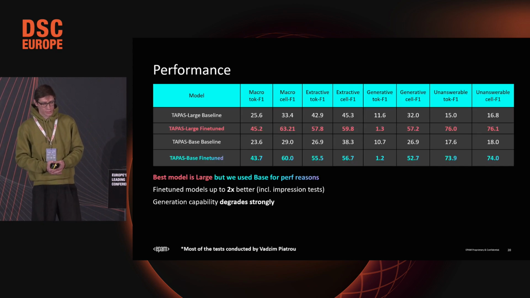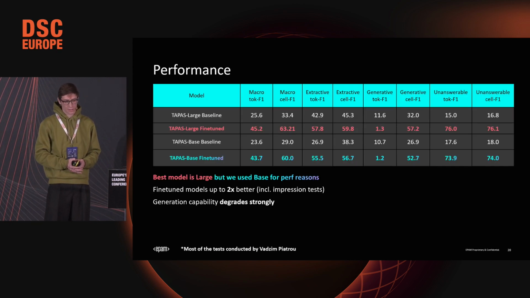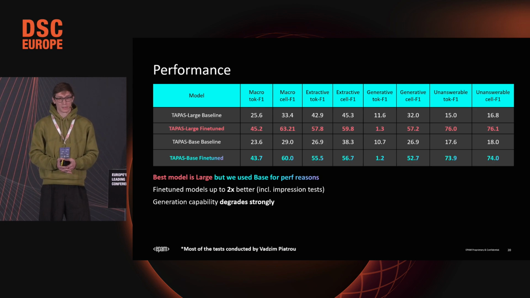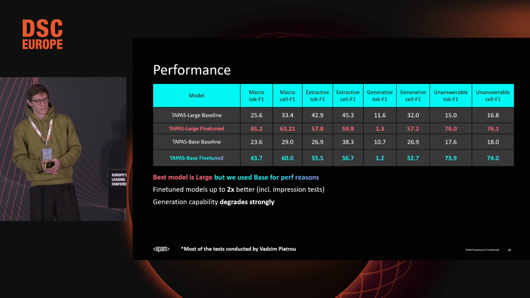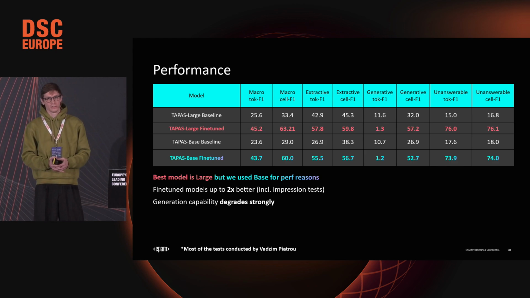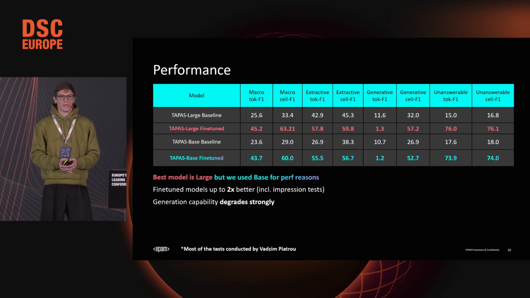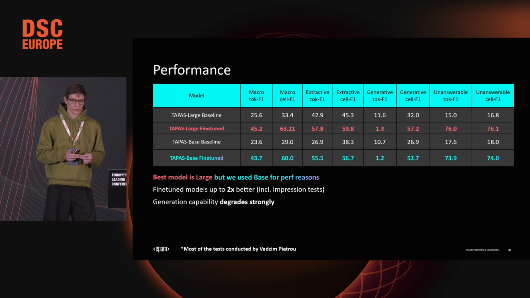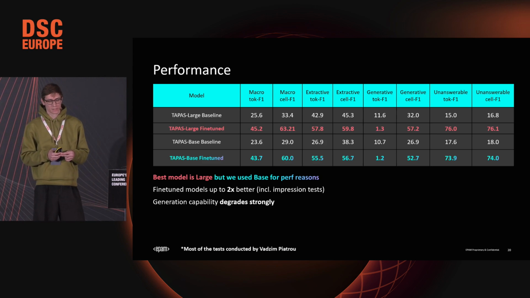So now let's look at the performance. We fine-tuned 2 types of TAPAS model, TAPAS large and TAPAS base. So in red, you can see here the large version of it, fine-tuned one. And as you can see, it performs the best. On the other hand, we have this blue line here, which is base model, which we also fine-tuned.